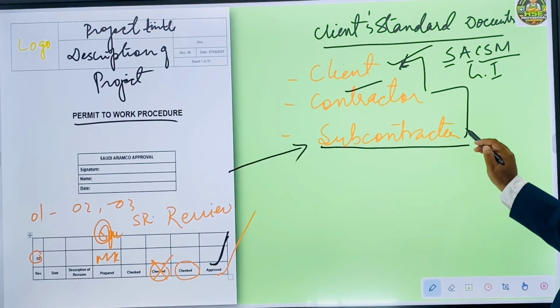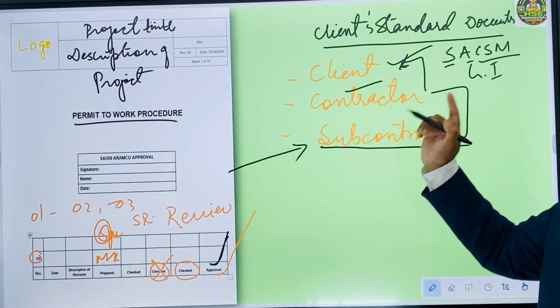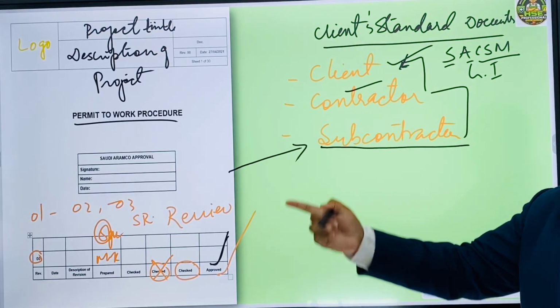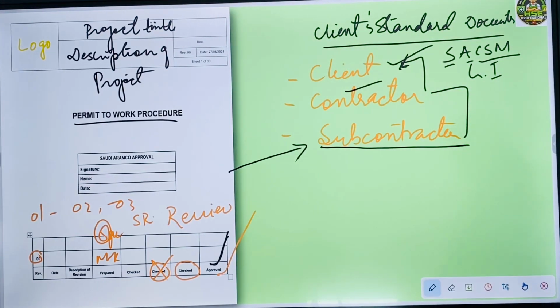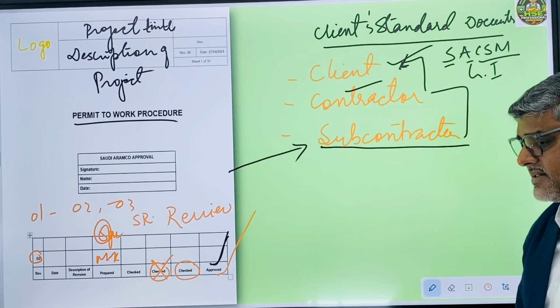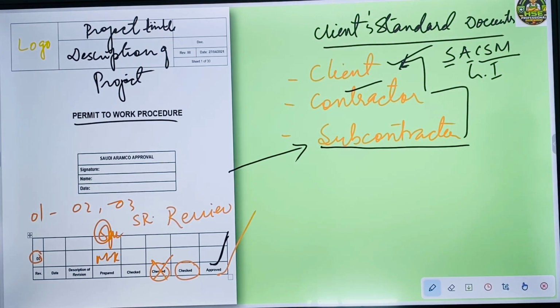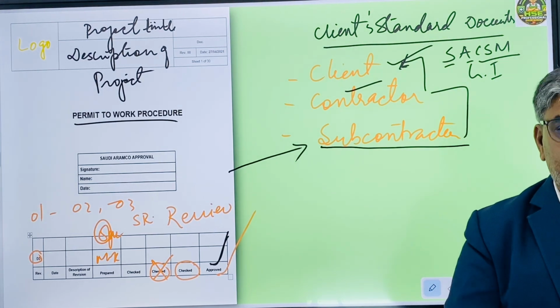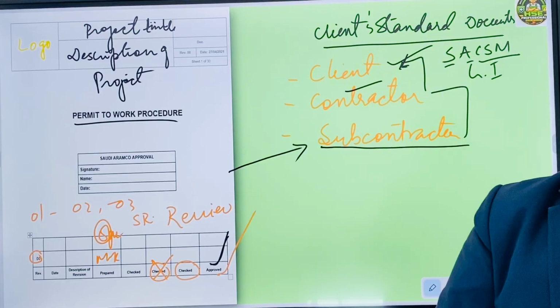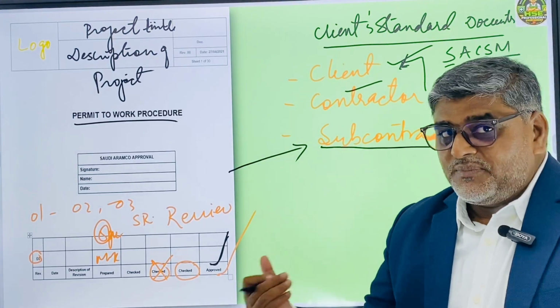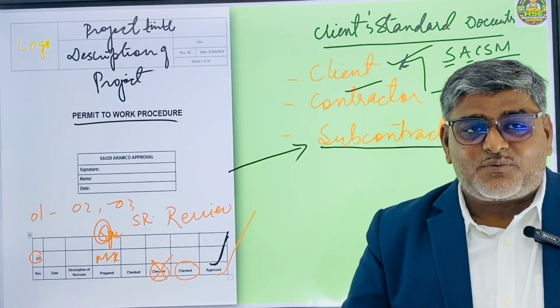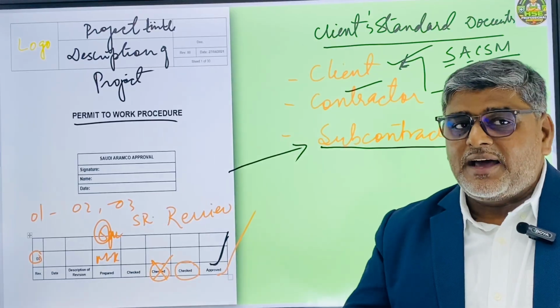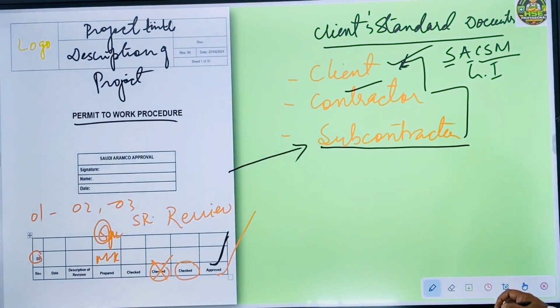It will be passed to the subcontractor to comply, as it will be applicable to the contractor too. So let's go further. I will tell you how this procedure is going to work, because we need to understand what the difference is between plan and procedure. So let's move forward.